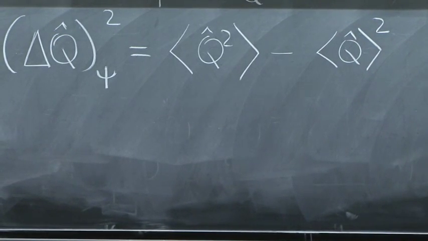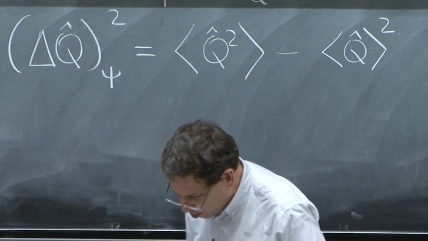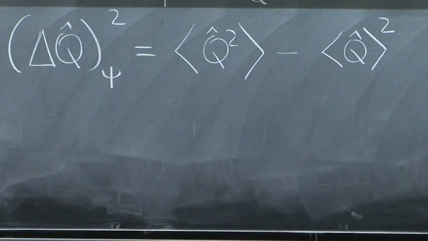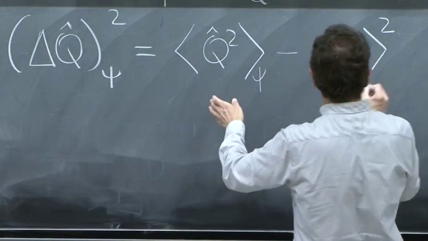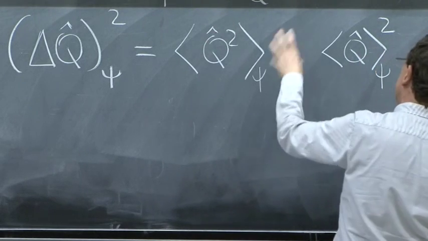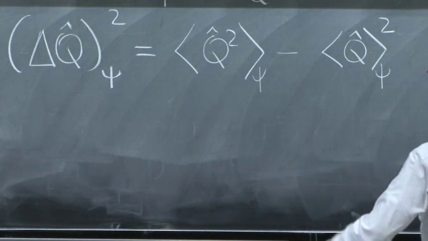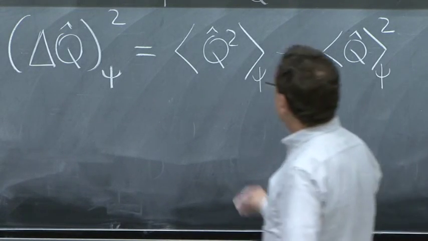Those are things that you know in quantum mechanics how you're supposed to compute, because you know what an expectation value is in any state psi. You do psi star, the operator, psi, and here you do this thing. So it's all clear. So it's a perfectly good definition.